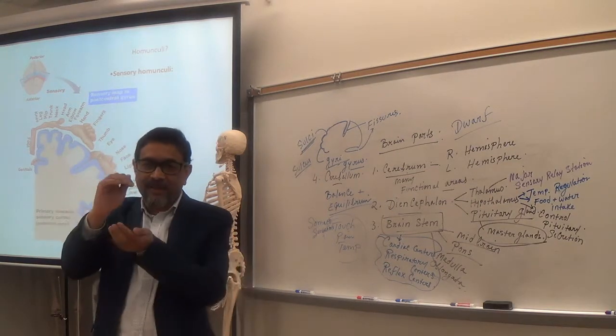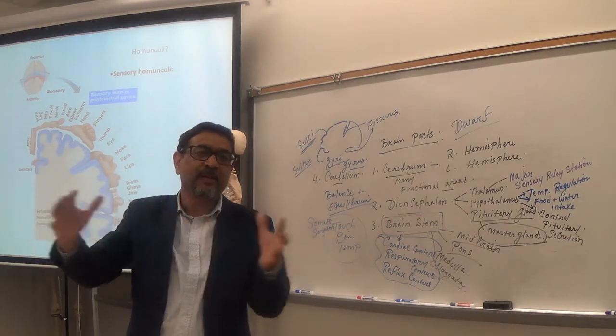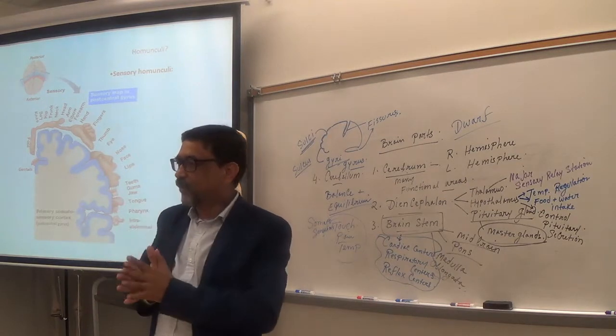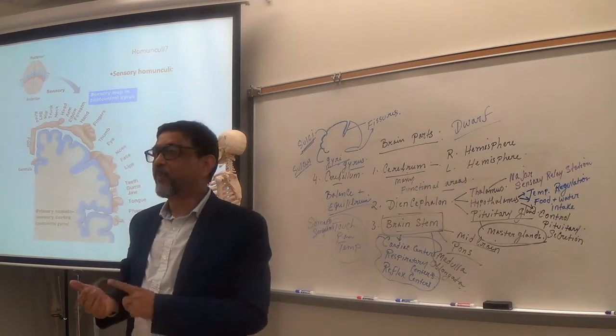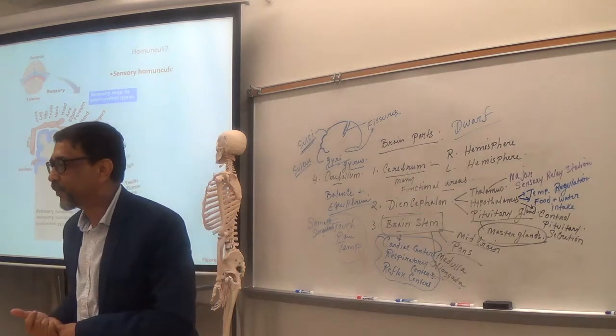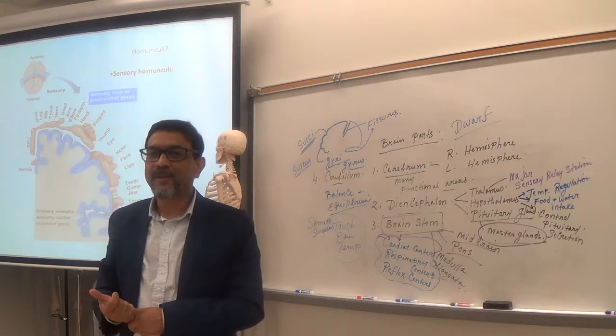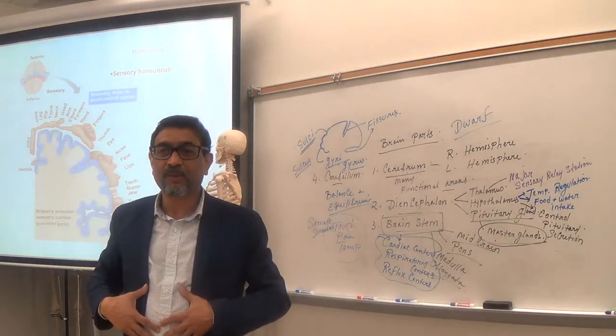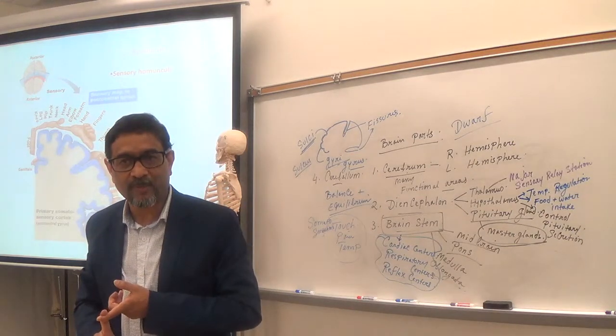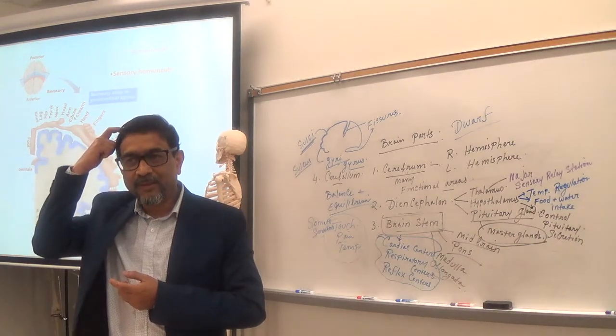So the trunk area doesn't need that many neurons, so the area is smaller, okay? So about the homunculus, if I ask you, is it a proportionate or disproportionate map? Does it really represent the proportional size of your body? No. So this is a disproportionate body map in the brain.